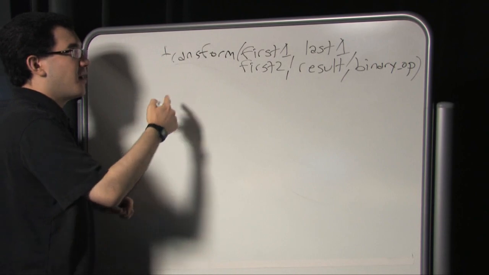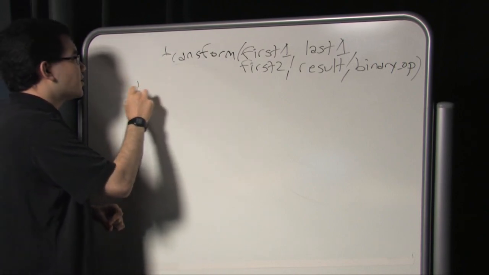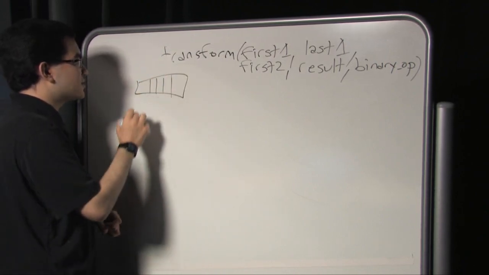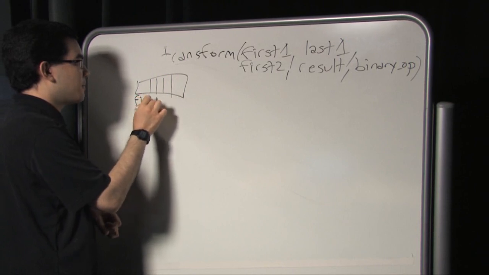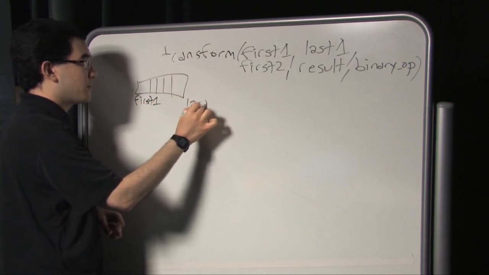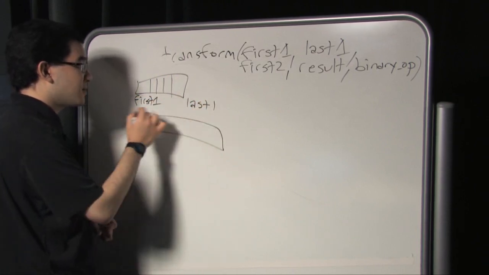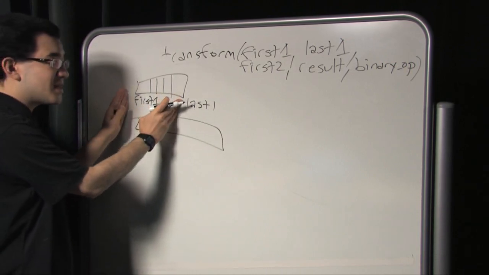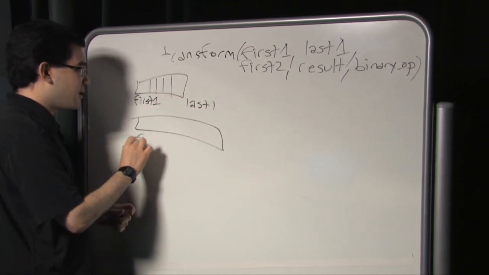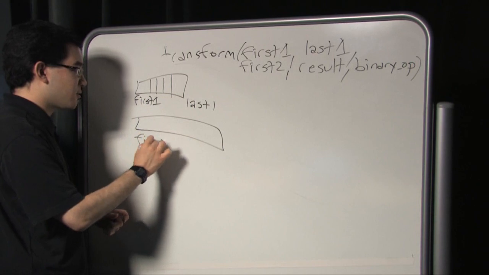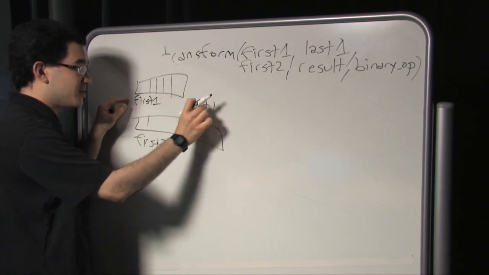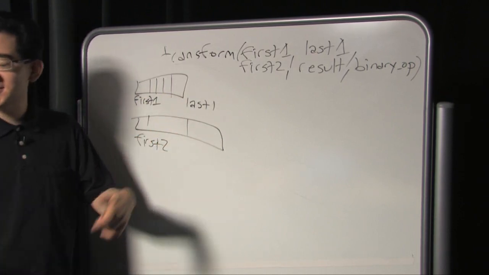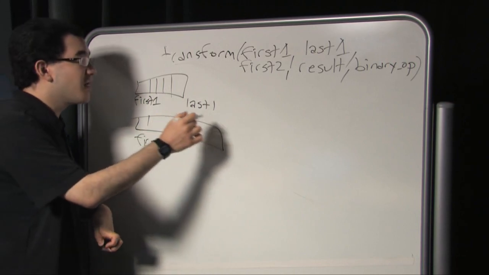Actually not confusing, because it's just talking about ranges. So we've got one sequence. This is first 1, last 1. Then we've got another sequence, and as we've seen, it's got to have at least that many elements, possibly more, because we're only going to refer to it by a single iterator first 2, but it better have this many elements. And if you look at the standardese, that's what it's saying, although it can get kind of complicated.